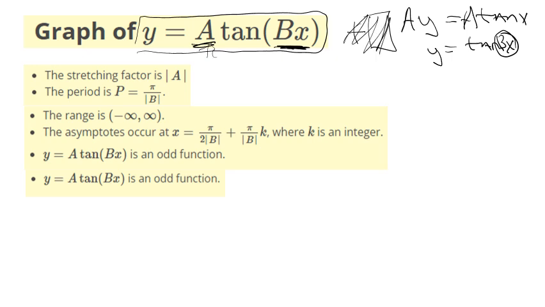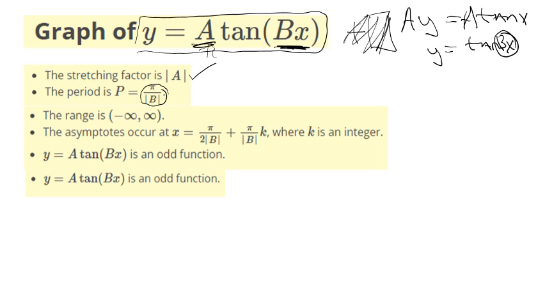So the amplitude stretching factor is the absolute value of a. Our period is very similar to sine and cosine, but our period was pi, so it's simply pi over the absolute value of b.